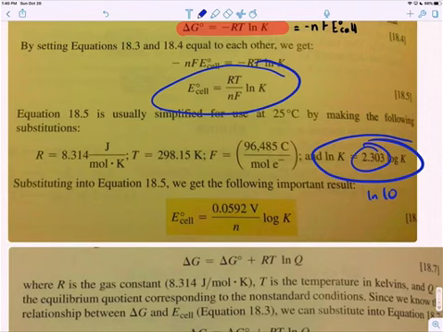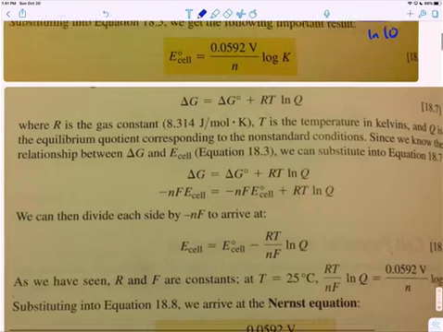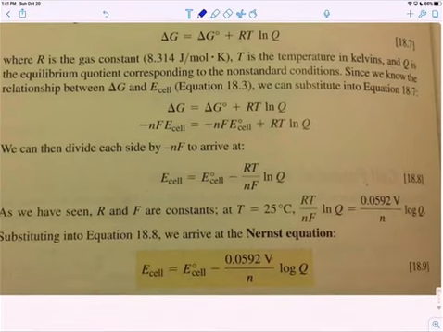If you plug in R equals 8.314, temperature 298.15 Kelvin, and Faraday's constant, you get E0 cell equal to 0.0592 volts over n, the number of moles of electrons, times the log of K. And if you apply the non-standard equation, delta G equals delta G0 plus RT ln Q, at 25 degrees Celsius, E cell is the standard cell potential minus 0.0592 V over n times log of Q, the reaction quotient.